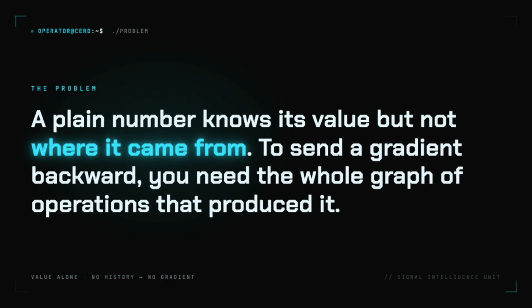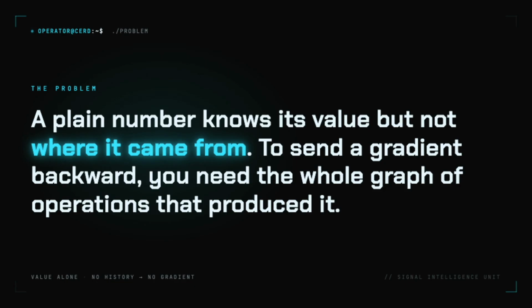Okay, so now we're actually presented with a problem. And this problem is actually going to force everything we're about to write. It all has to do with a normal number. A normal number, or a clean float, only knows its value. It doesn't know where it came from or what made it or how it got made.